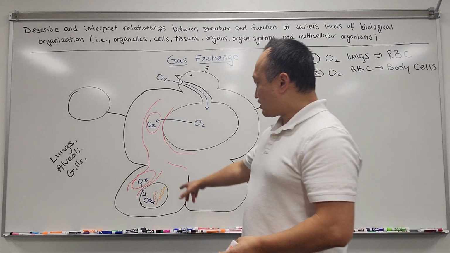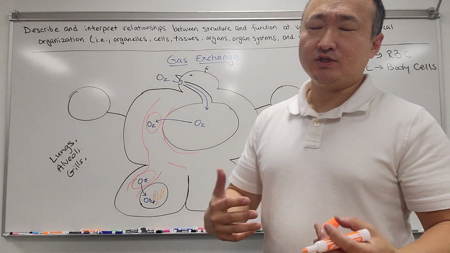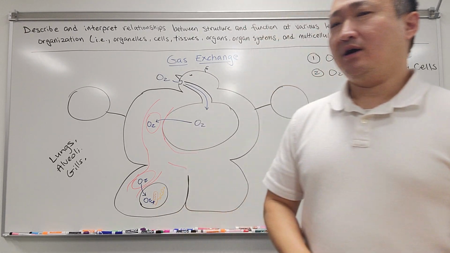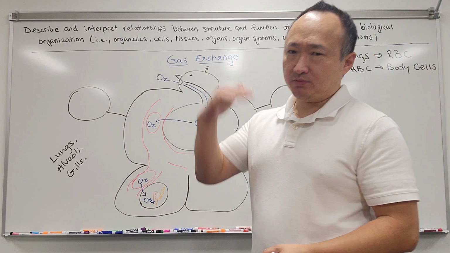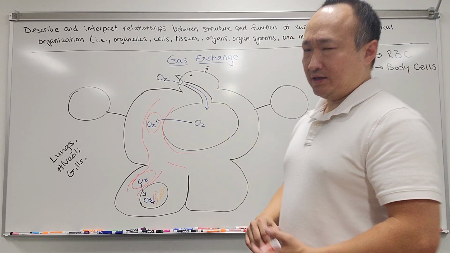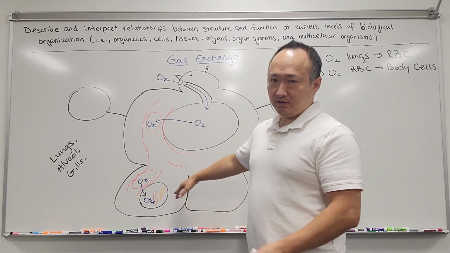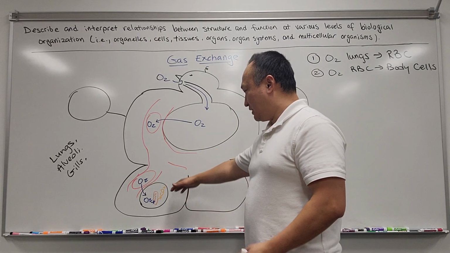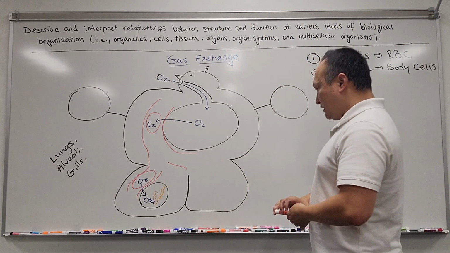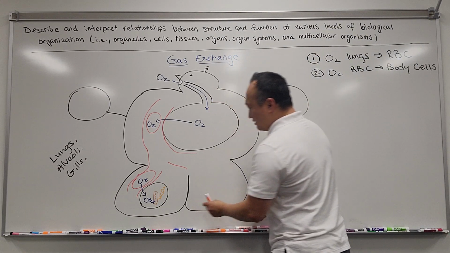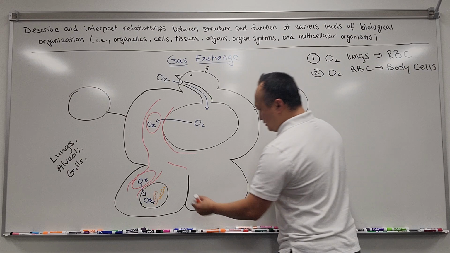And then that's going to produce carbon dioxide, which is harmful inside our bodies. If you build up carbon dioxide, that's going to change the pH level in your blood, and that could be potentially deadly. So we need to get rid of this carbon dioxide, and it's again going to be the red blood cells that transport it.